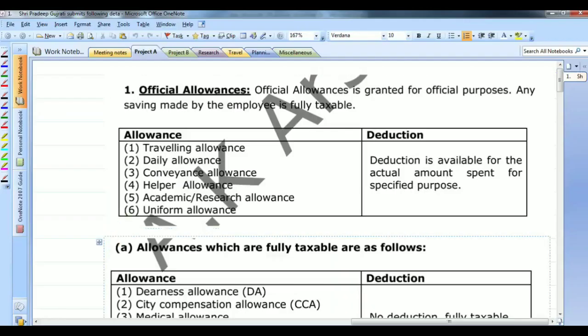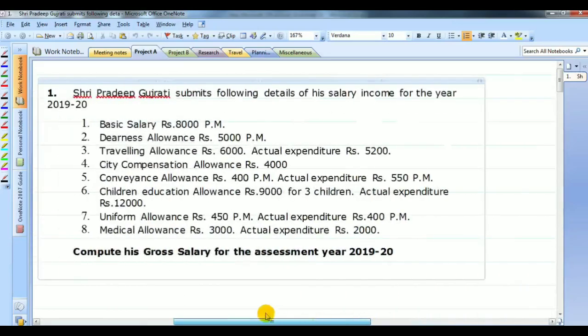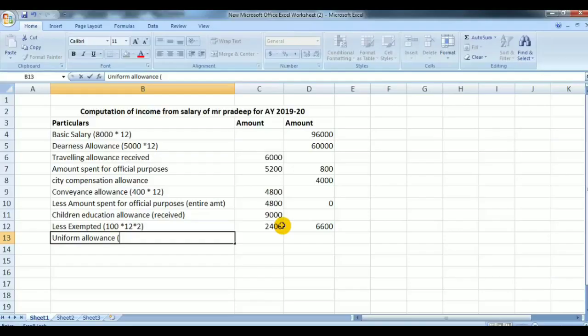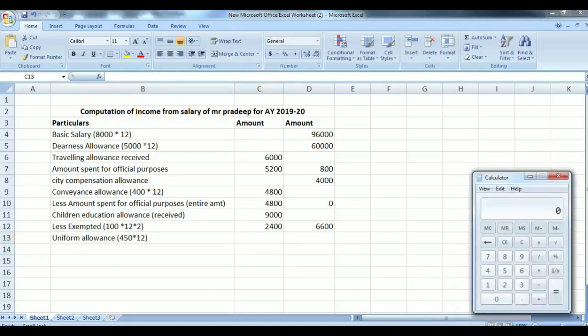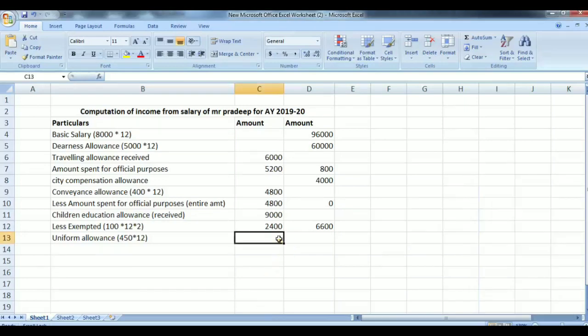How much are we getting? Uniform allowance we are getting 450 per month. So 450 multiplied by 12 comes to 5,400.